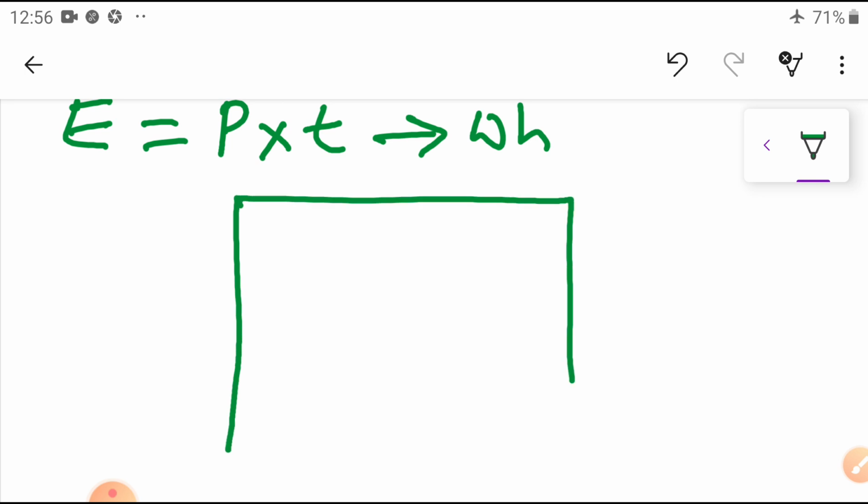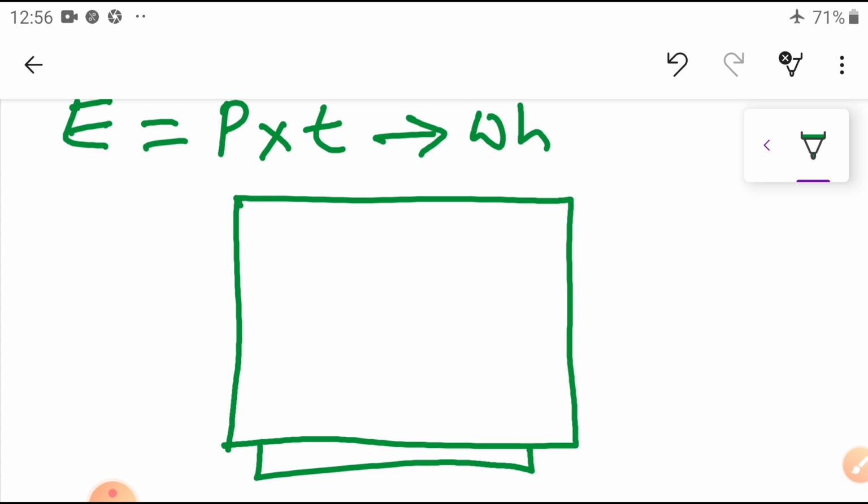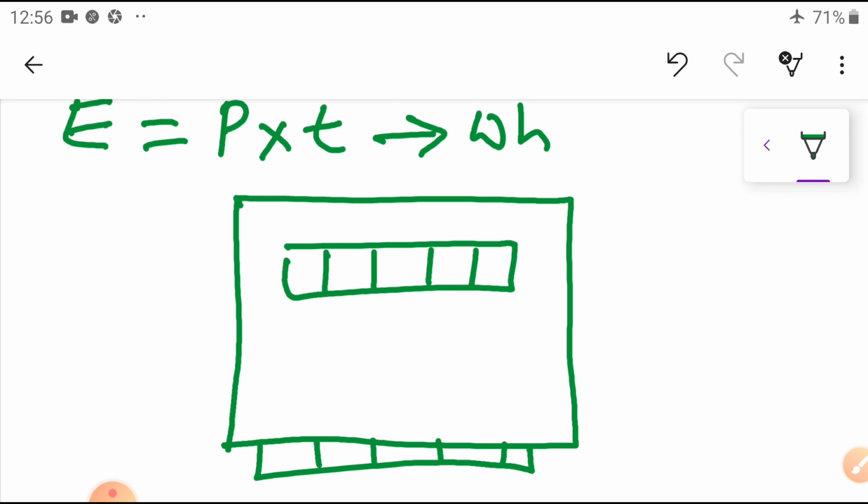This energy meter consists of two main coils. One is the current coil, another is the pressure coil. You can observe this in our domestic appliances, and there is a disc that will rotate.